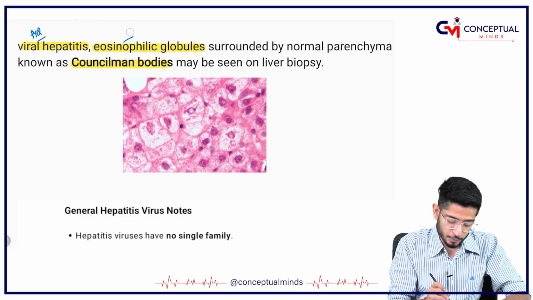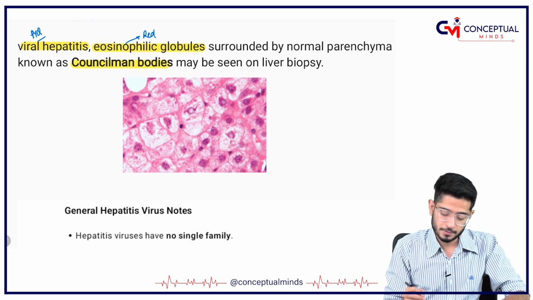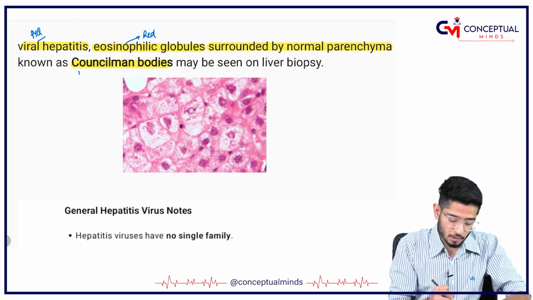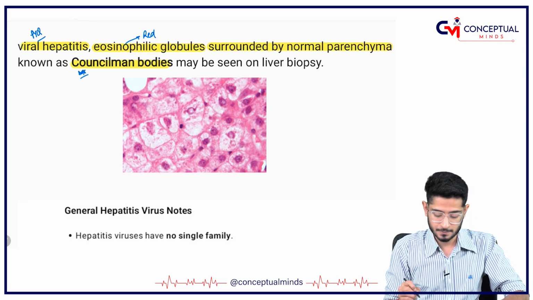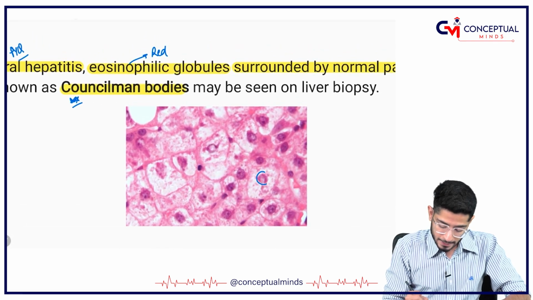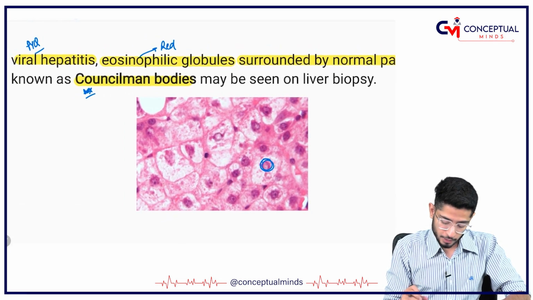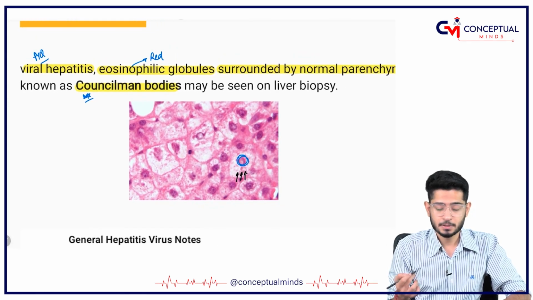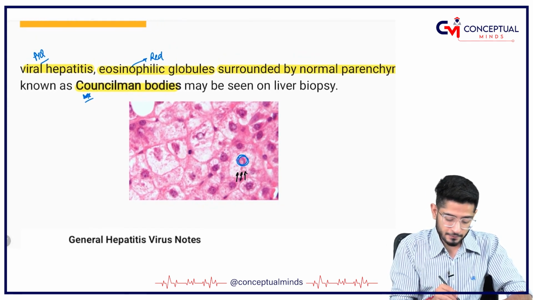Eosinophilic globule will be there, that means a red color globule which is surrounded by normal parenchyma, and that is called Councilman bodies, which is seen on liver biopsy.